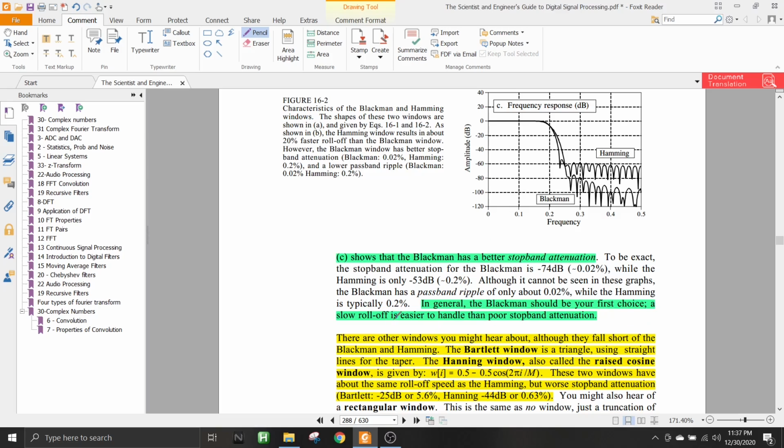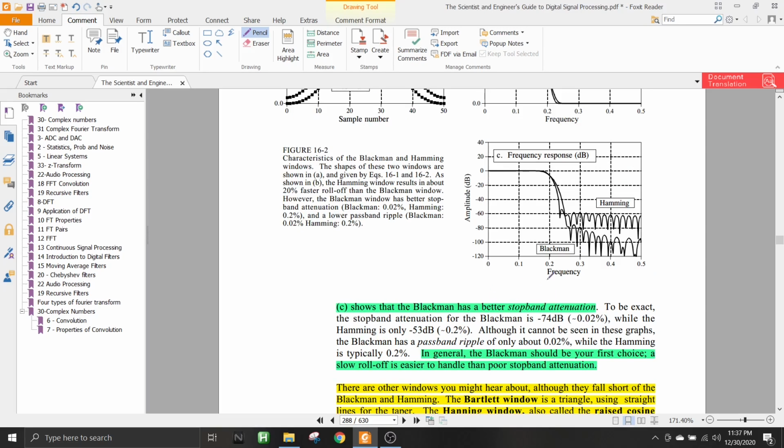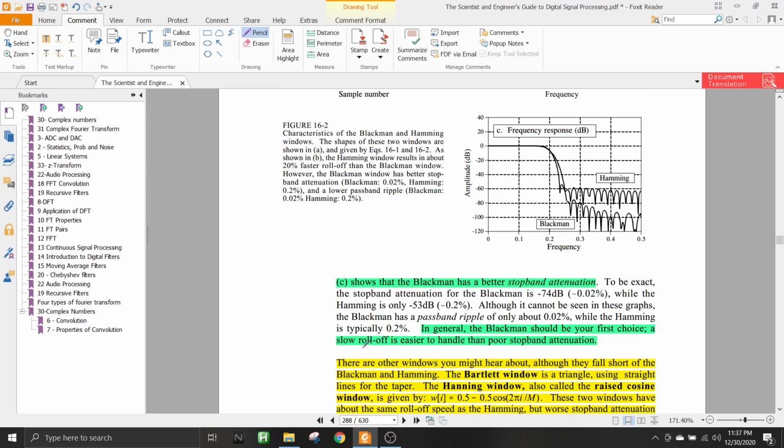So in general, the Blackman should be our first choice. A slow roll off is easier to handle than poor stop band attenuation. So most of the frequency domain applications, we prefer the Blackman window rather than Hamming window. What they are saying here is that a bad roll off is easier to handle. That means the effect will be less severe than a poor stop band attenuation, something that takes a long time to reach zero.